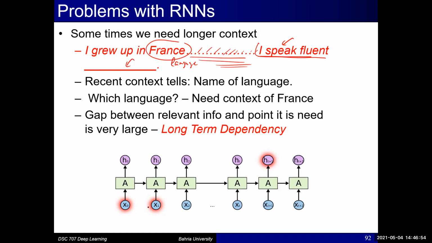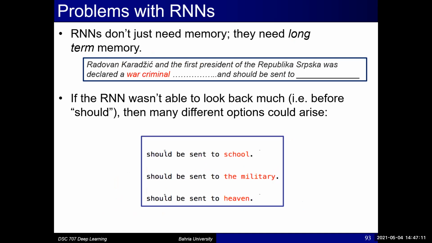So the gap between the relevant information, like France, and the place where it is needed is very large. You have many timestamps, because one word is one timestamp. This is called a long-term dependency, and it is known that RNNs have difficulties in learning long-term dependencies. Just one more example: someone was a war criminal, then you have some text, and "should be sent to".